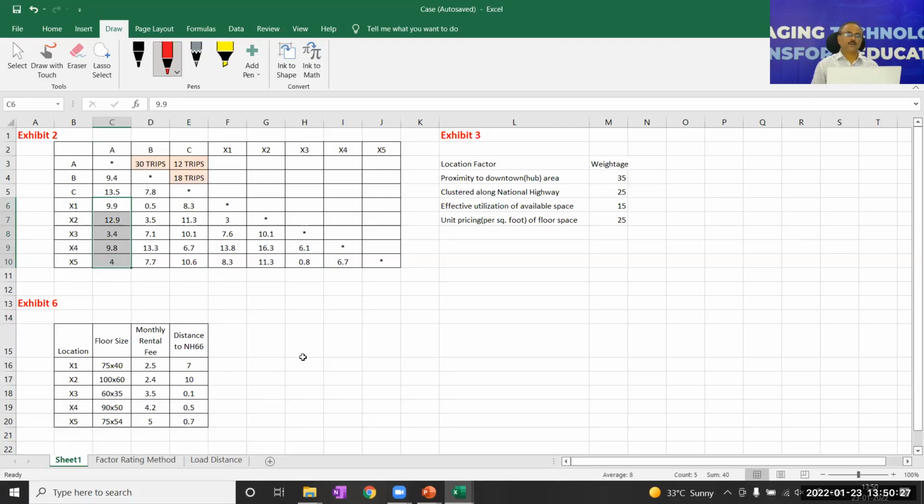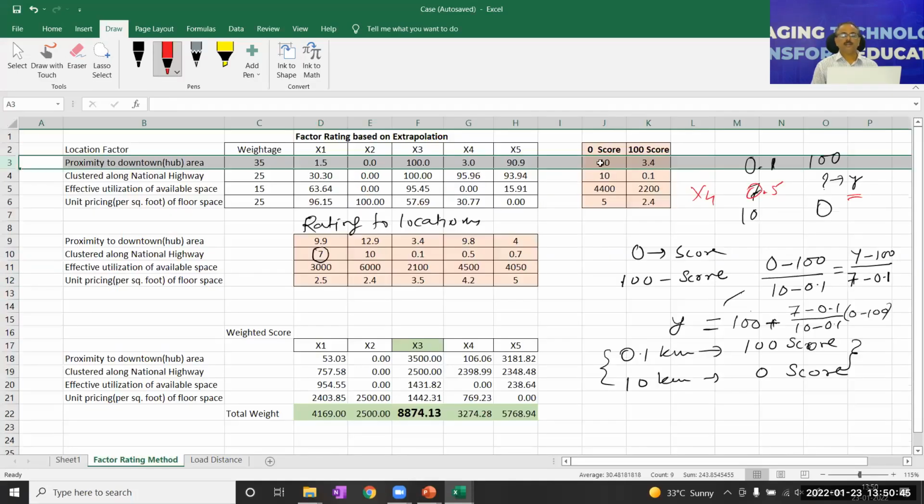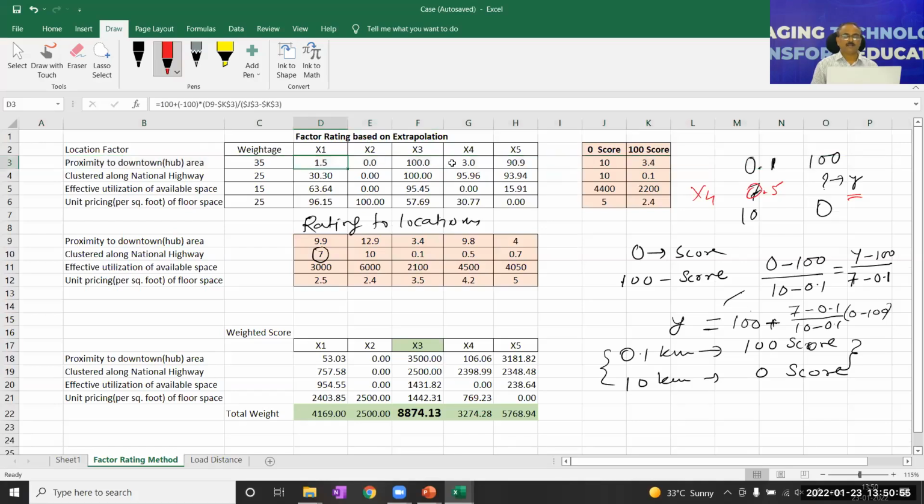The lowest value, or the best location, is X3, which has 3.4. So we will consider 3.4 as a score of 100 and 10 kilometers as a score of 0. Using this scale, for each of these distances you will extrapolate and find the score. So this is the rating for all these factors.